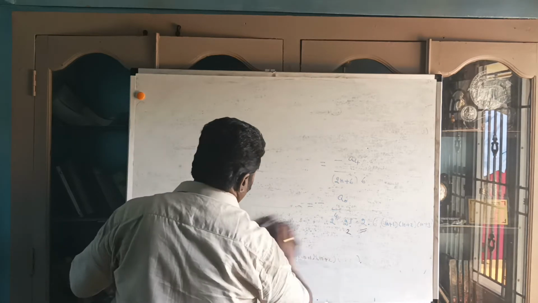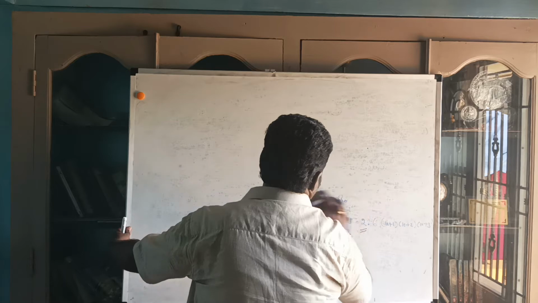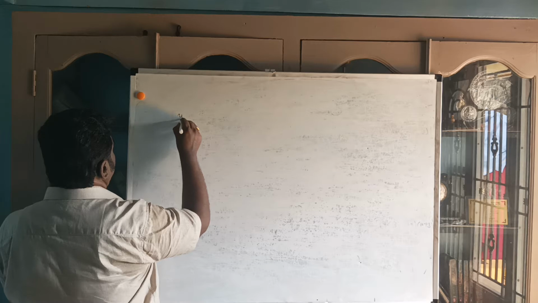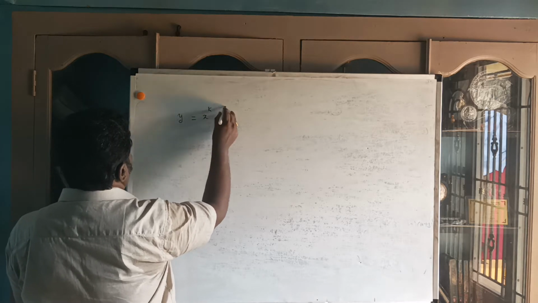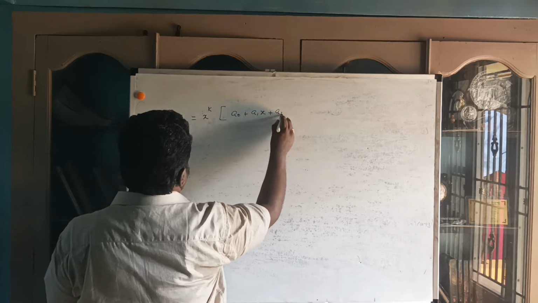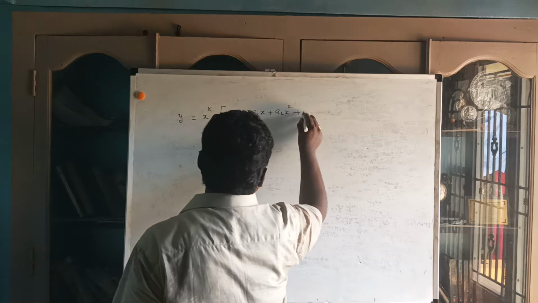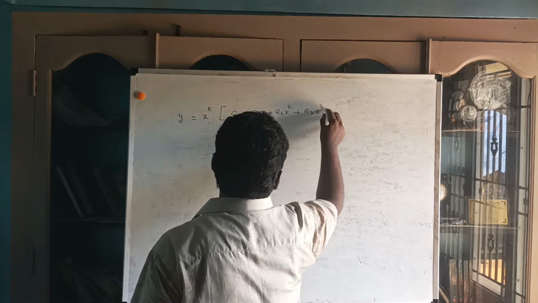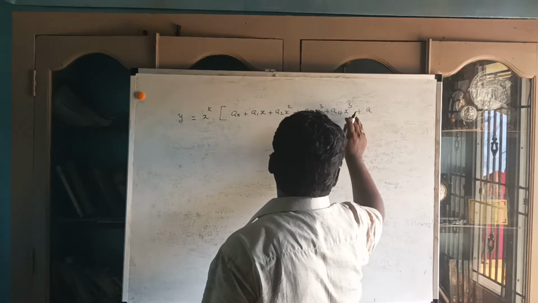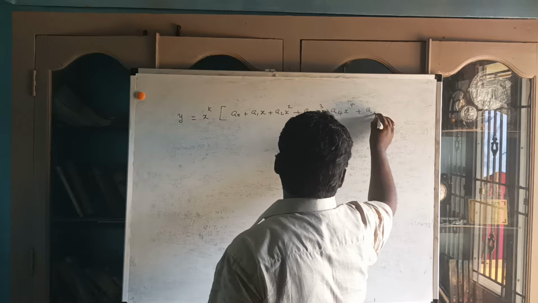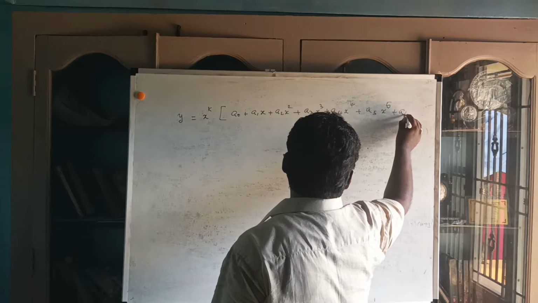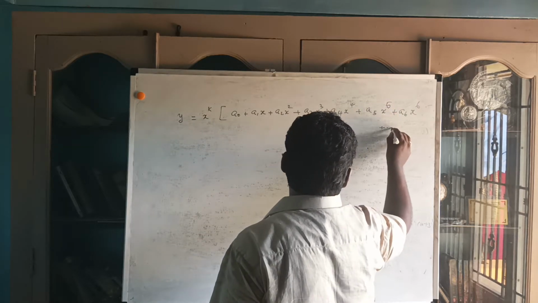The value of y equal to x power k times (A0 + A1 x + A2 x square + A3 x cube + A4 x power 4 + A5 x power 5 + A6 x power 6 and so on).